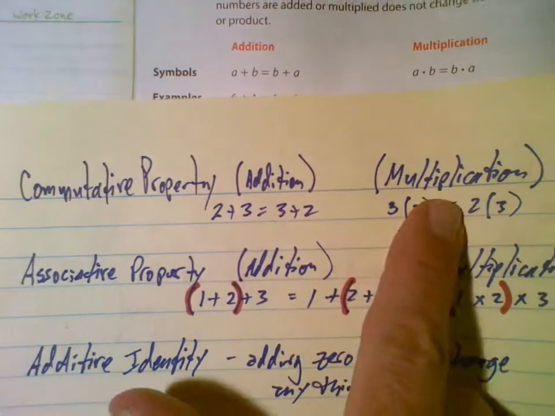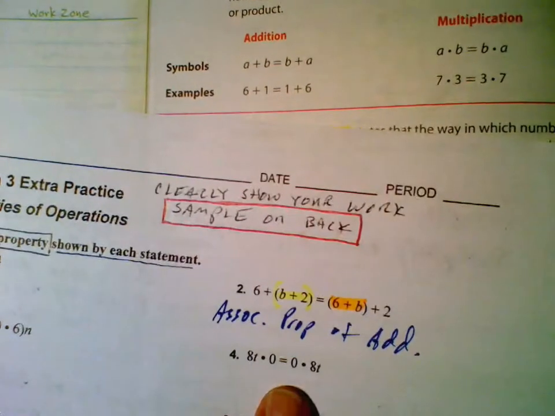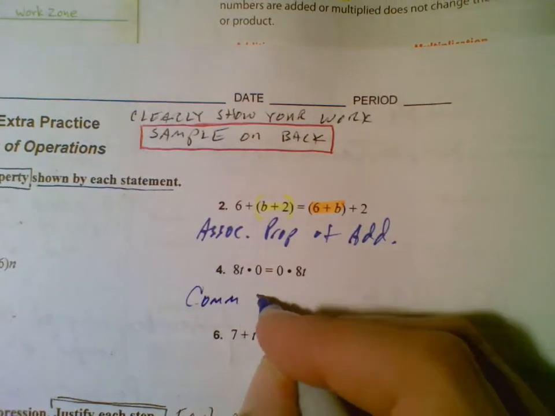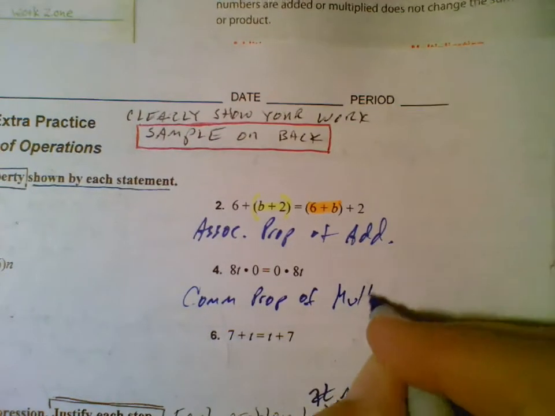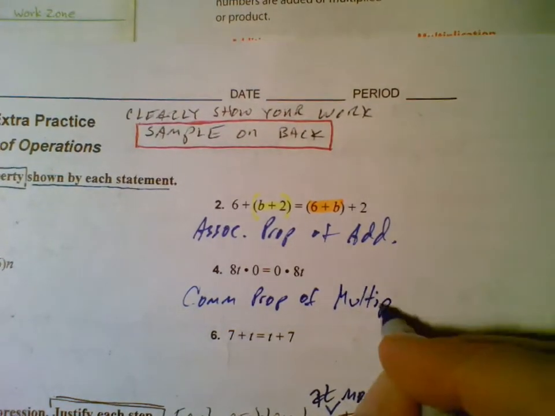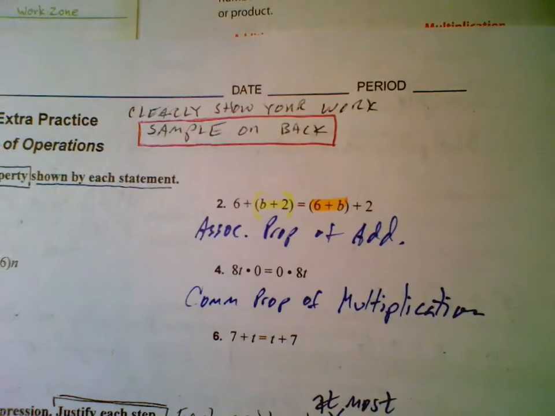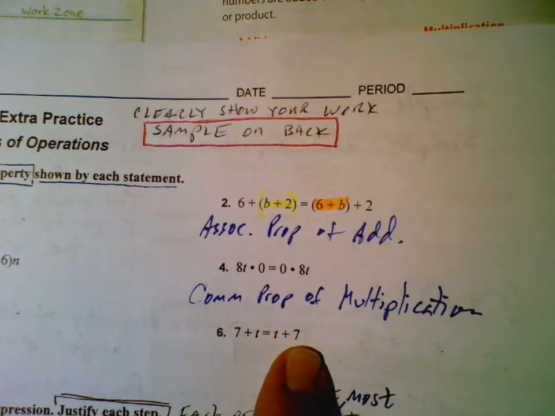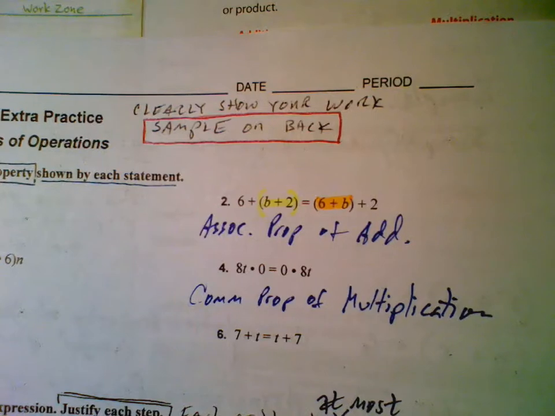In addition and multiplication, order doesn't matter, because this is going to be 0 either way. So this is the commutative property, specifically of multiplication, because the commutative property applies to both addition and multiplication. If we look at this again, 7 plus t, t plus 7, again, the only difference is the order. So this would be the commutative property, but in this case, of addition.